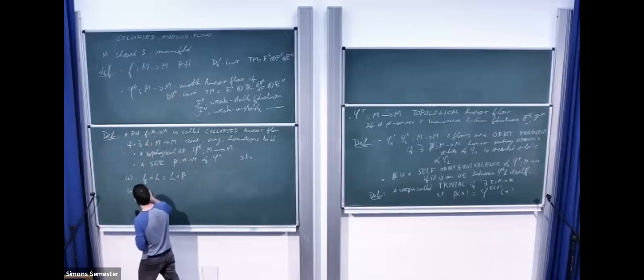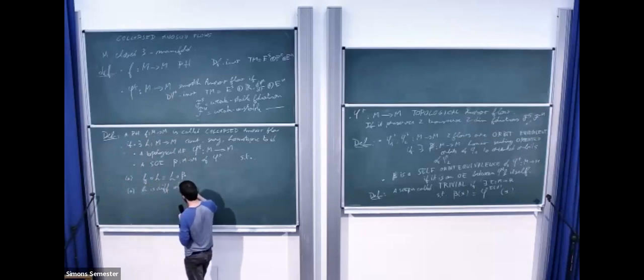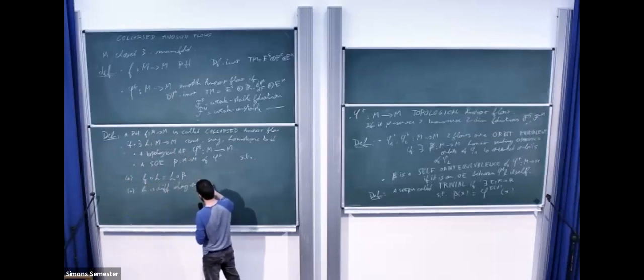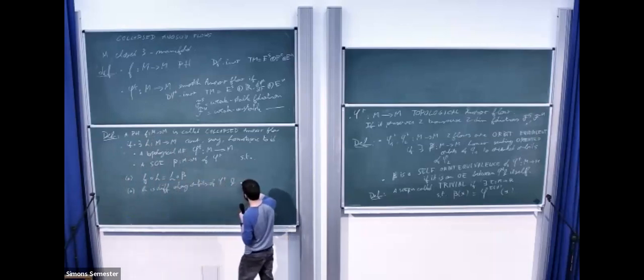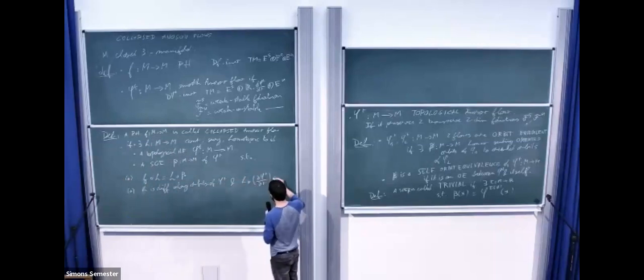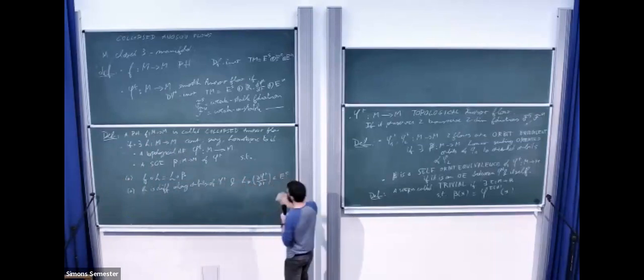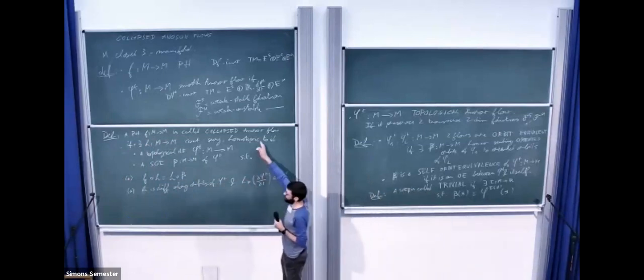So H is differentiable along orbits of phi t. And if you do H star of d phi t over dt, this lands in the central direction. Okay. So now that's our full definition of a collapsed Anosov flow.